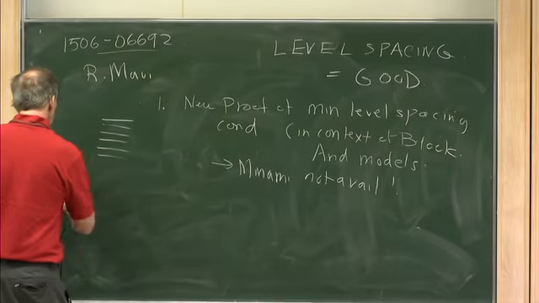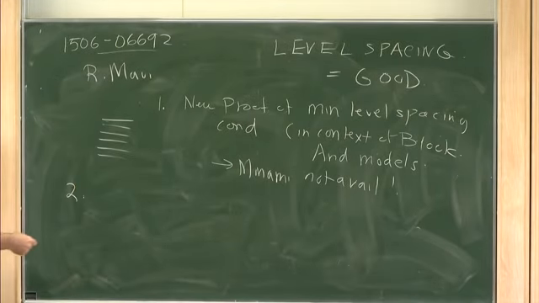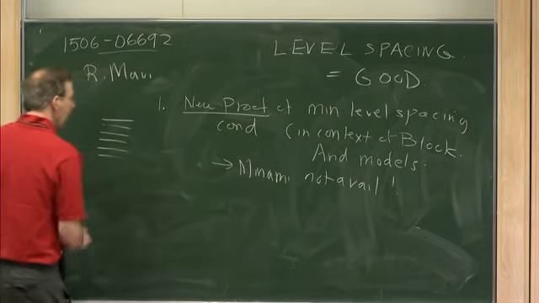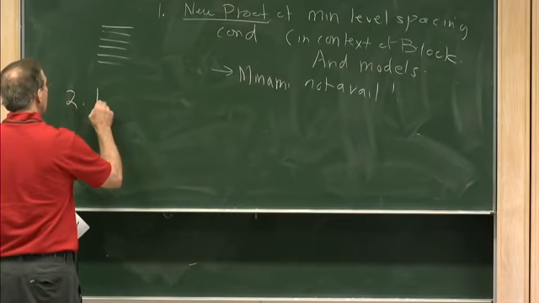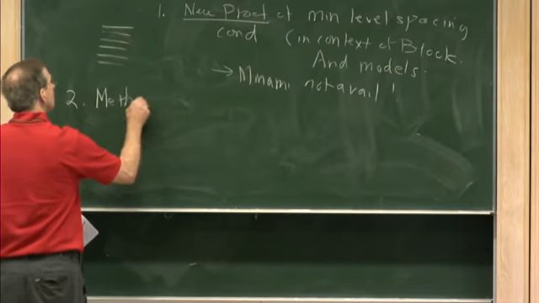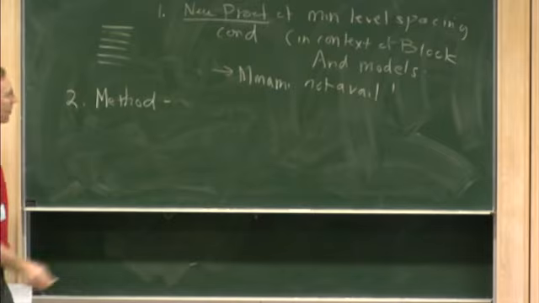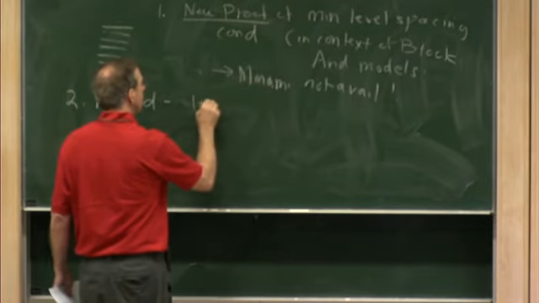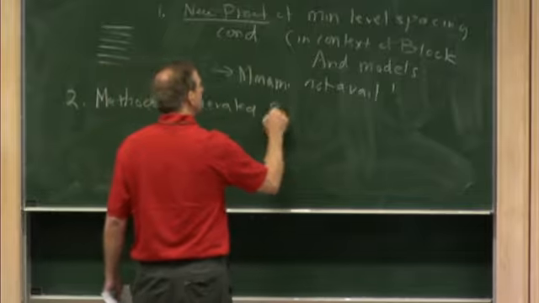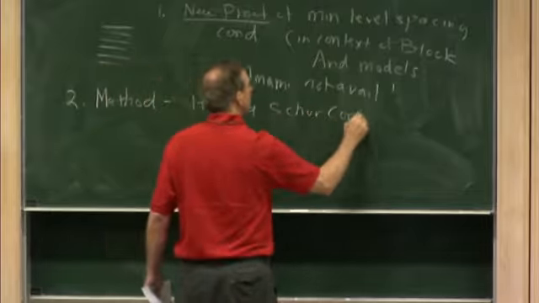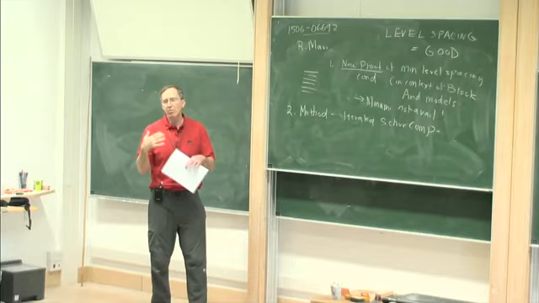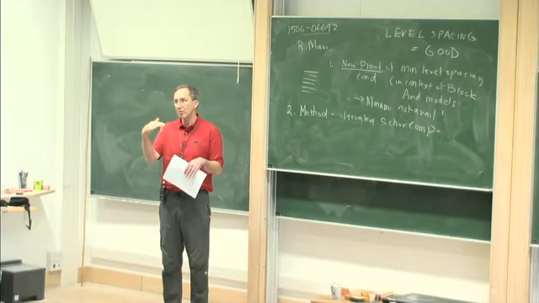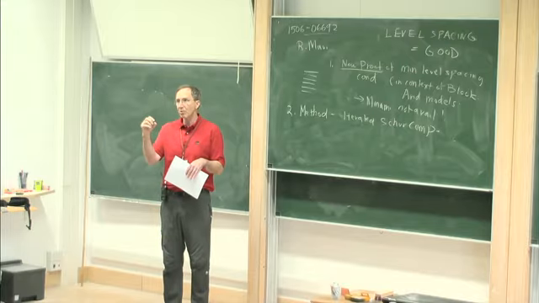The second main idea I want to talk about is the method, which should be of interest in its own right. The method is going to involve iterated Schur complements. In rough form, we focus on a particular energy level, or the neighborhood of a particular energy level in the system.